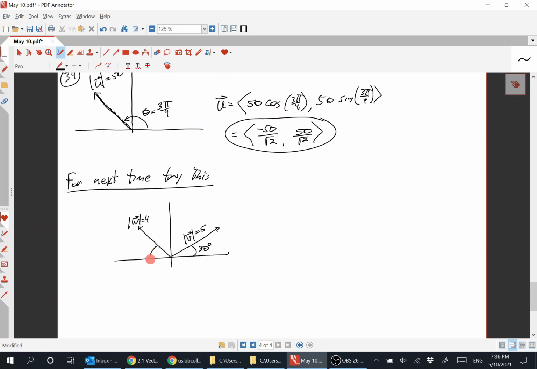And we'll say this angle here is 40 degrees. Right, that angle is 40 degrees, meaning that this angle here is 140 degrees. But I'll leave that to you to figure out. 1.